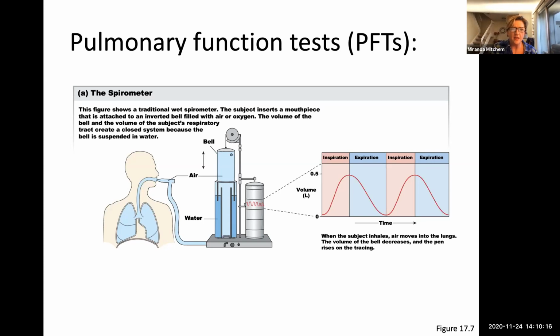So that is the wet spirometry, and it creates a closed system because this bell is sitting in a tub of water. So the air that's exhaled from the person goes right into the bell, and then they can breathe it back in and out and in and out. It's not escaping to the atmosphere or into the water.